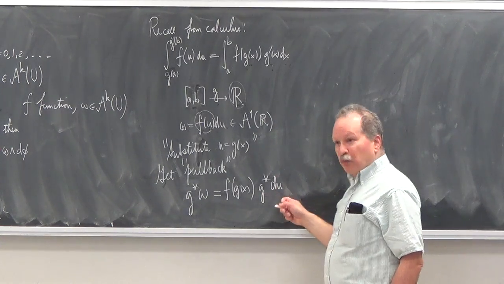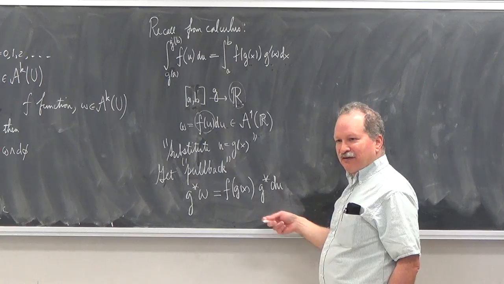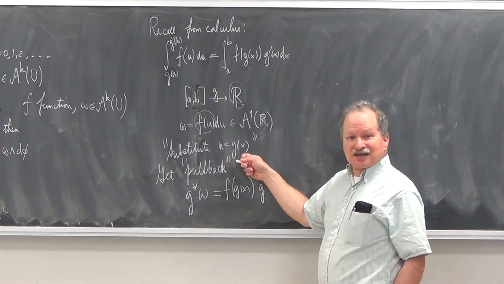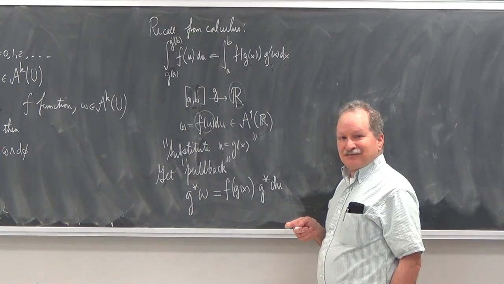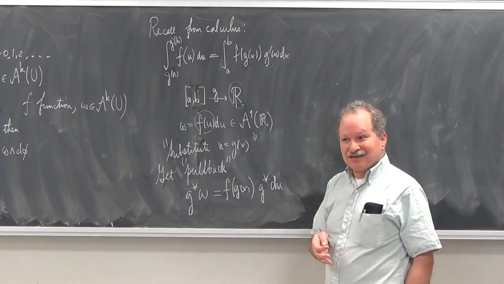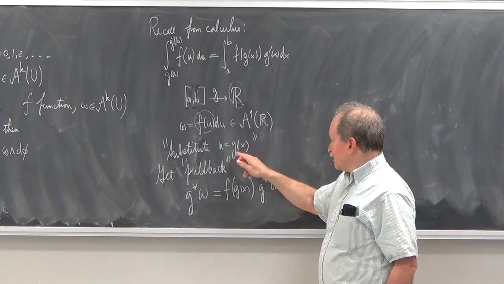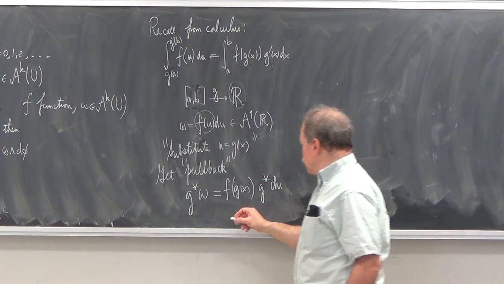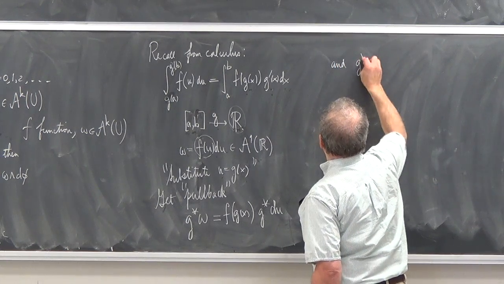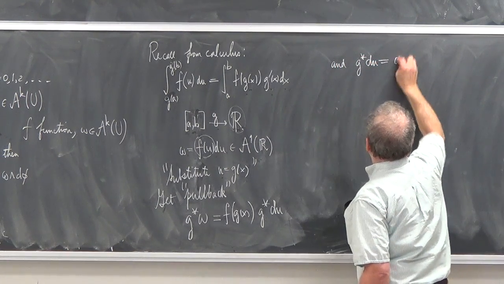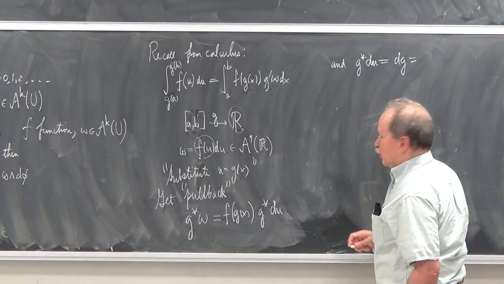And the way you pull back du is you say to yourself, u is g of x. So what's du? For what we've been doing the last few days, g prime of x dx. It's the derivative, it becomes dg, which we now know how to do.